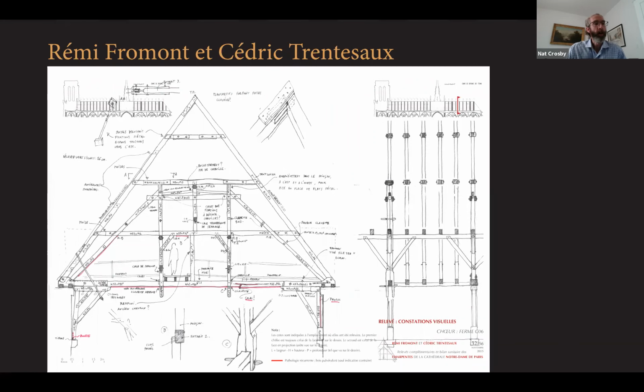Luckily, we had a really good study performed by Rémy and Cédric that really allows us to have some detailed information about these trusses. And from my own experience in documenting roof trusses, it's not always the most pleasant place to be to document information. So what are the types of information that can be readily documented while you're in the roof truss itself?